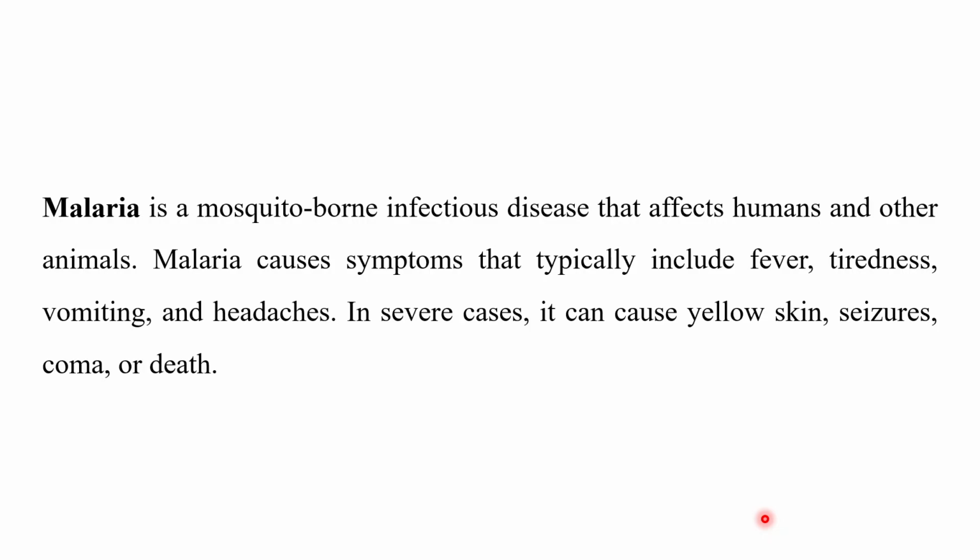Malaria causes symptoms that typically include fever, tiredness, vomiting and headaches. In severe cases, it can cause yellow skin, seizures, coma or death. I hope all these diseases are clear, like what the causative agent is and how it spreads.